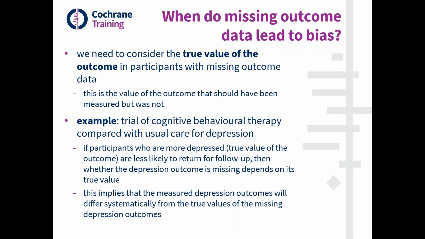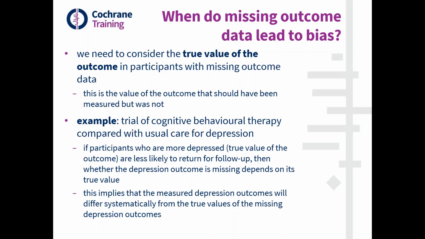If that's the case, then clearly the missingness is more likely with more depression. So it is related to the true value of the outcome. This means that those that we do observe will have systematically different depression outcomes from those that we don't observe. And that's the situation in which biases are likely to arise due to missing data.